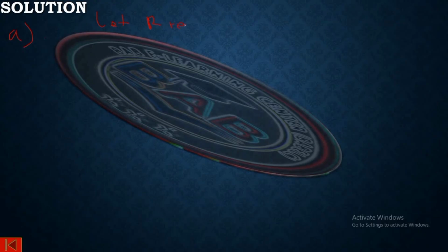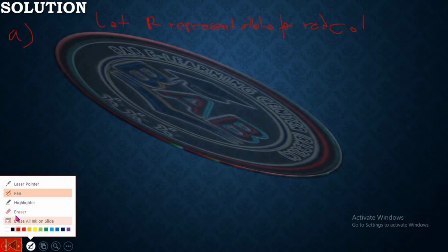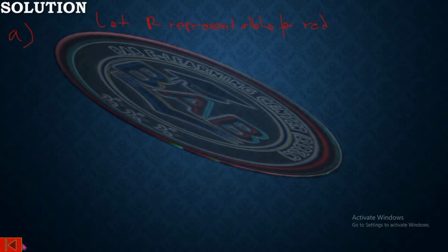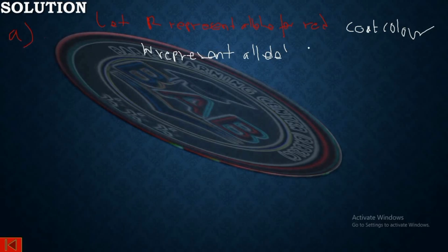Let R represent the allele for red coat color, and W represent the allele for white.